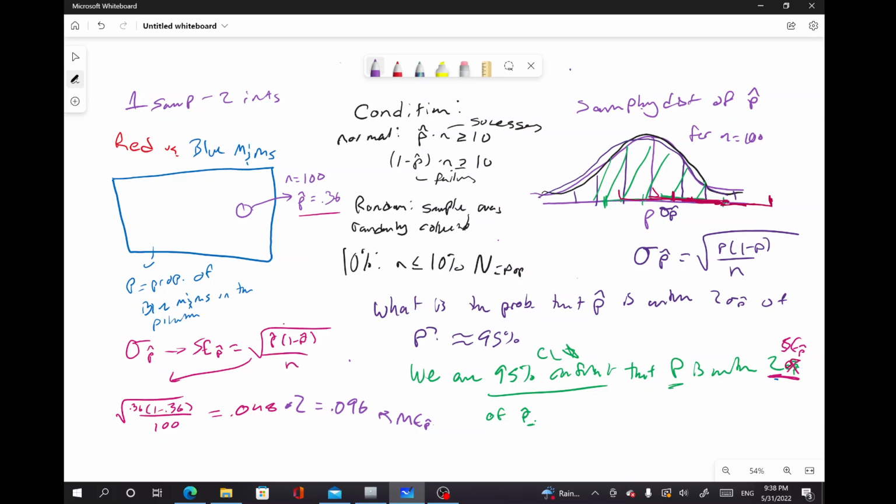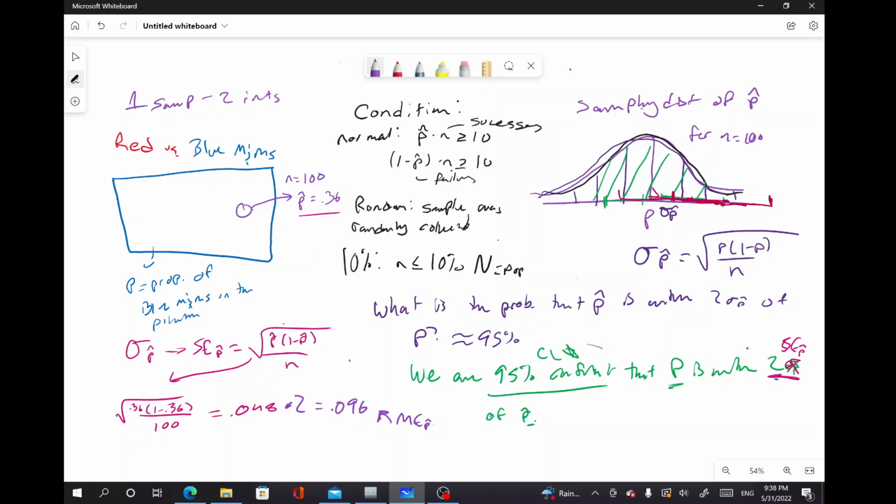Okay. So we have p hat and we have the standard error, which we're now just going to call margin of error to simplify this. And so how can we find this interval?